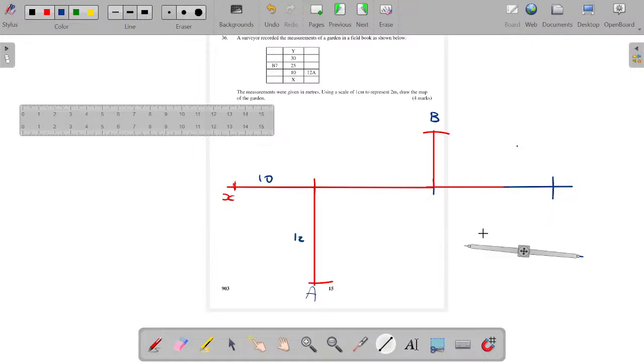So once we have it like that, this point, learners, let's see the point.